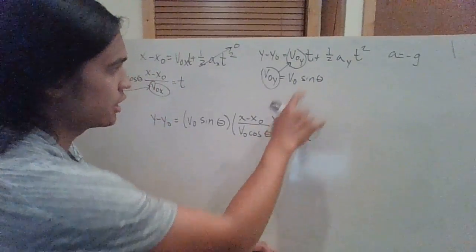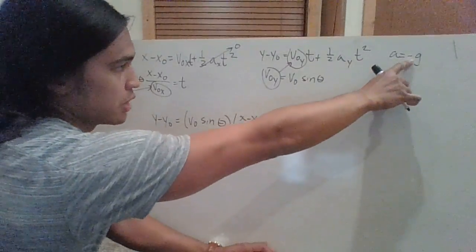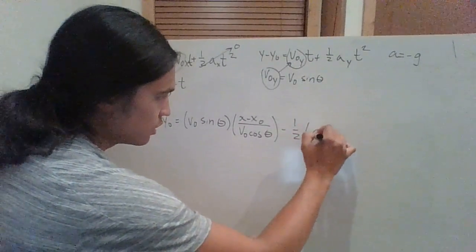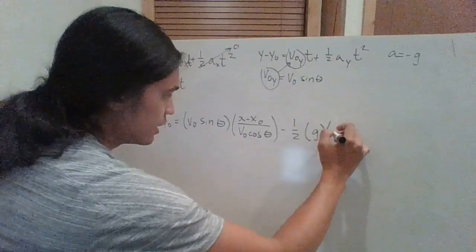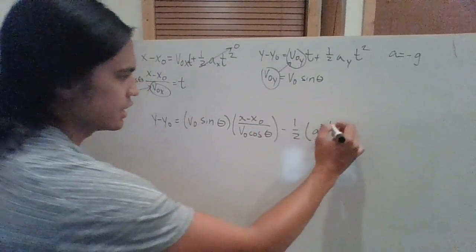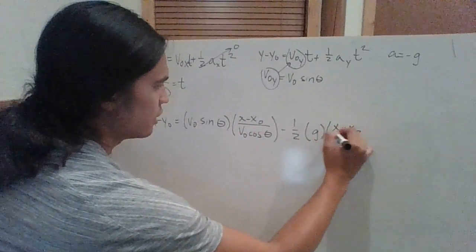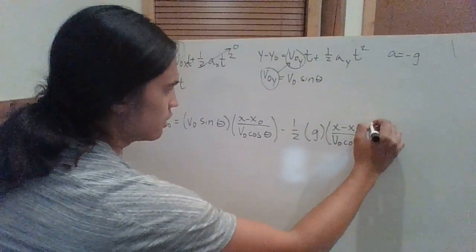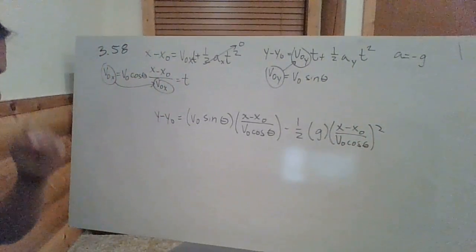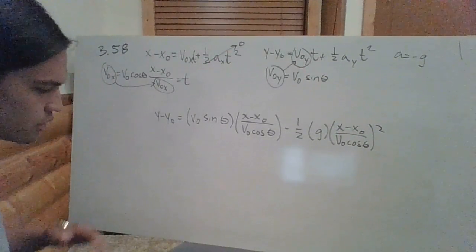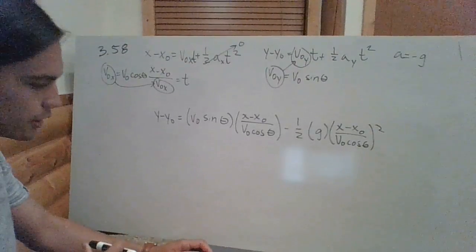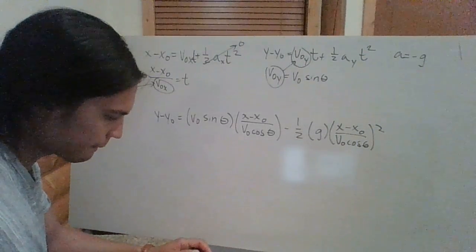I changed this to a negative; it's positive here just because we're multiplying by a negative g, so I just multiplied it in right there. So 1/2 g times time again, which is x minus x naught over v naught cosine theta all squared. Now we just need to move this all around to solve for v naught.